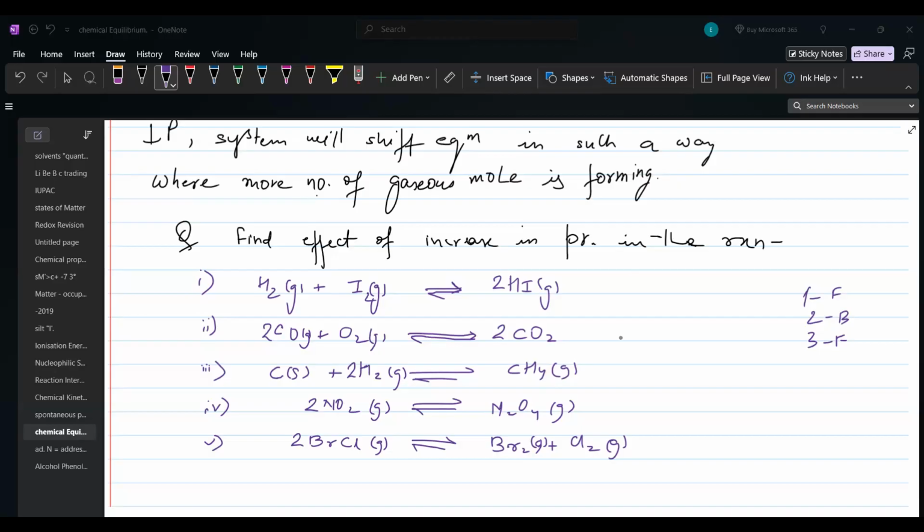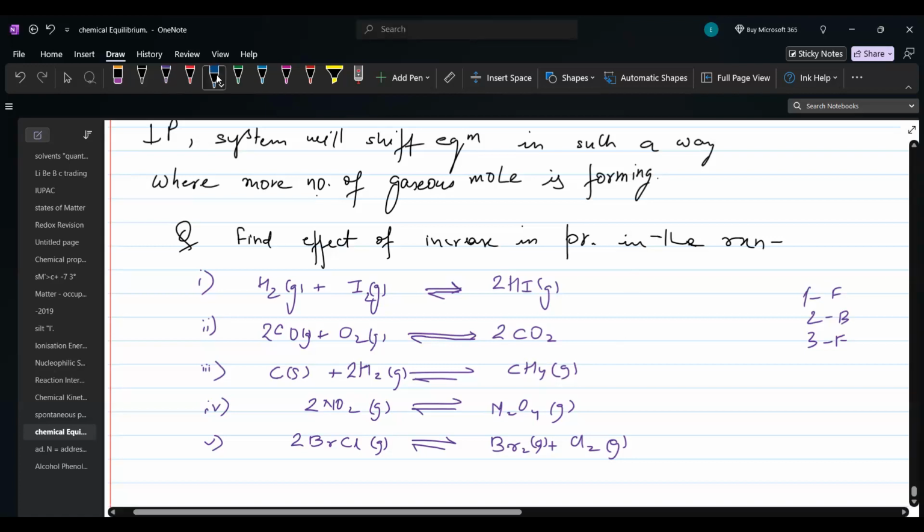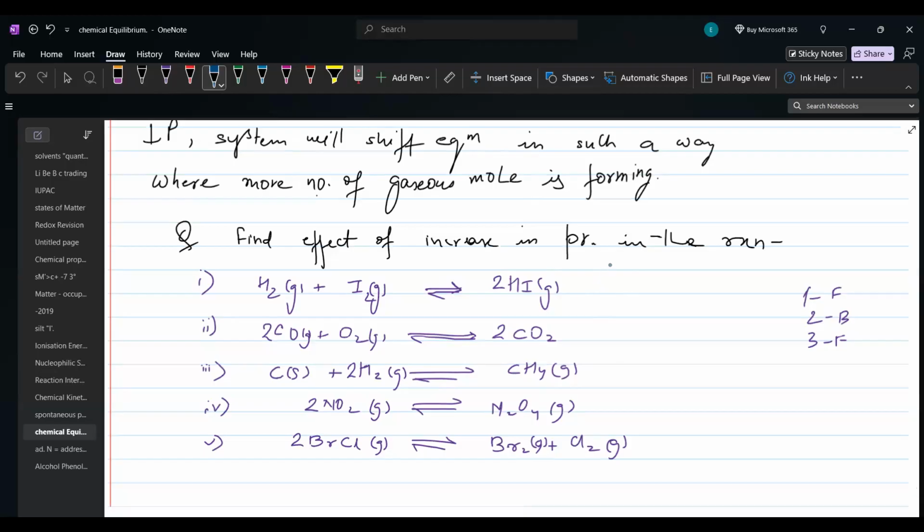So we are going to solve the questions. Most of you have given the right answer. See, the first one: find the effect of increase in pressure. When we are increasing the pressure, what will happen? We have to first check the number of gaseous moles on both sides. The number of gaseous moles on the reactant side is 2, and on the product side is also 2.